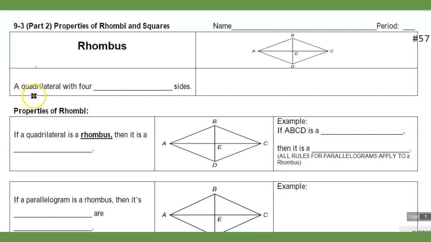So rhombus is something that's less remembered. It's very similar to a square in that it has four congruent sides. Start there. Four congruent sides.